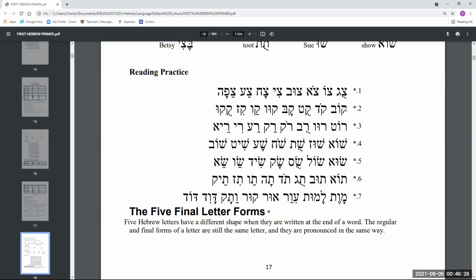Is that a kuf? A kuf. And a holem there we go.